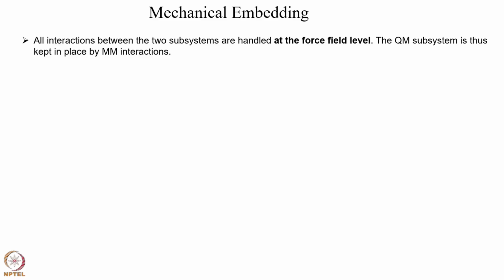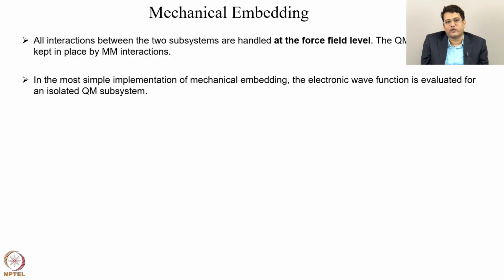Now, among the embeddings, you can have two kinds. First is the mechanical embedding, where all interaction between the two subsystems is handled at the force field level, and the QM subsystem is kept in place. So, the MM region acts like a support for the QM region; it does not change the explicit Hamiltonian.